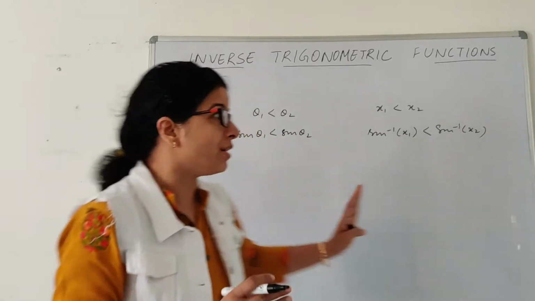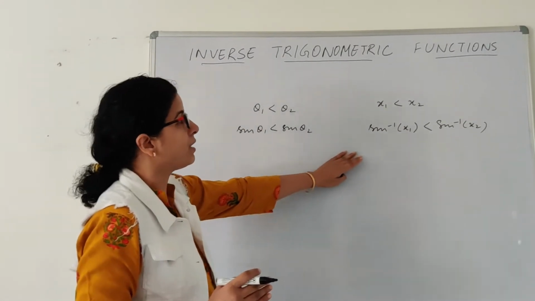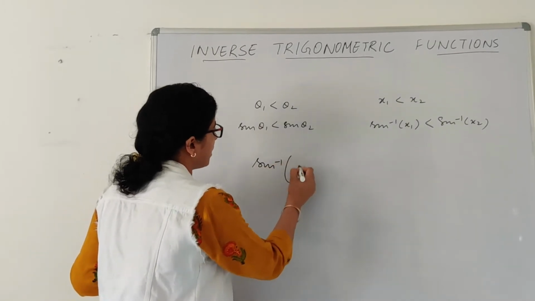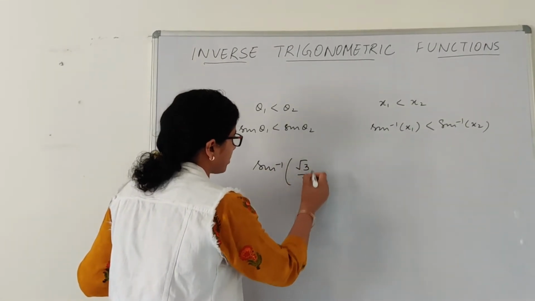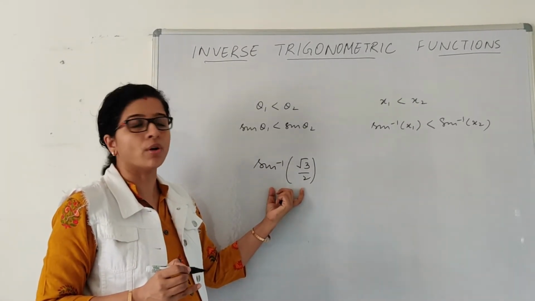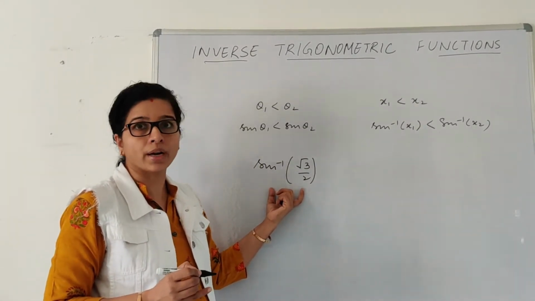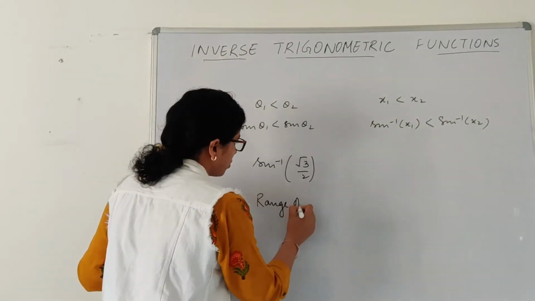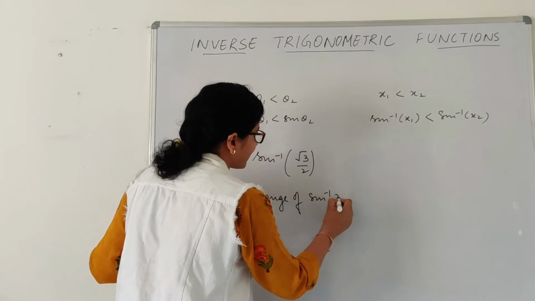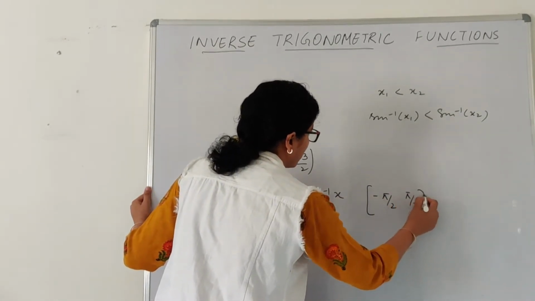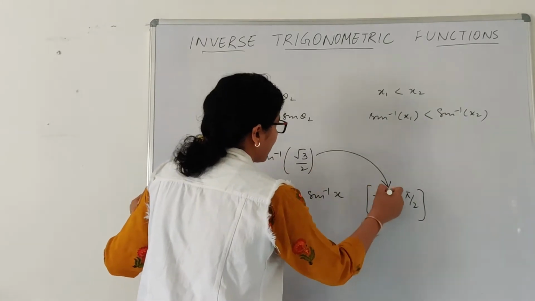Now let us learn how to find the values of sin inverse in the principal branch. Say for example, you have been given sin inverse √3/2. Okay, so I have to find the value of this in the principal branch, right? So what is my range? Range of sin inverse x is the closed interval −π/2, π/2. So this value should lie in this region.